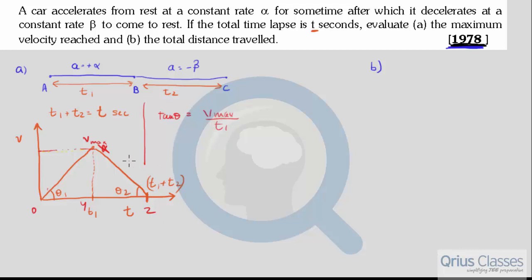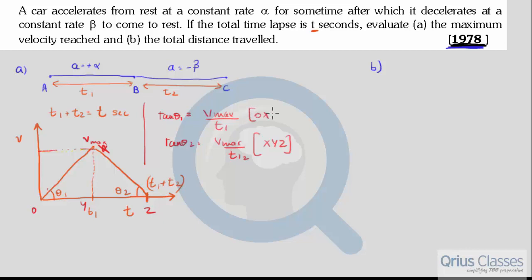Similarly, tangent of theta 2 is Vmax by t2, in triangle XYZ.